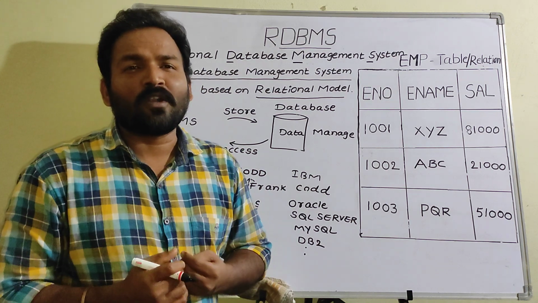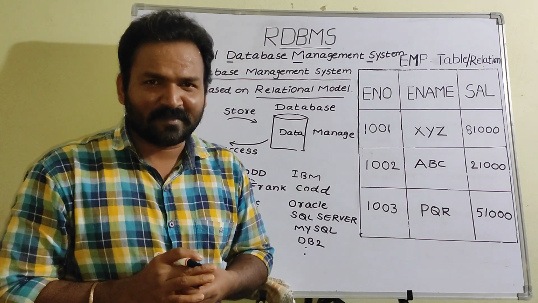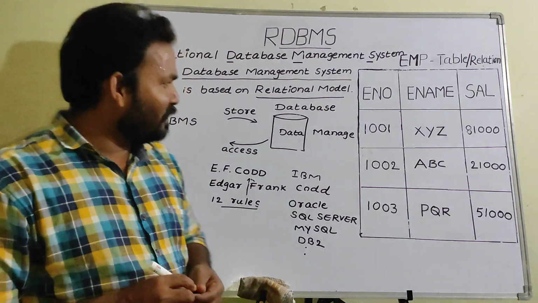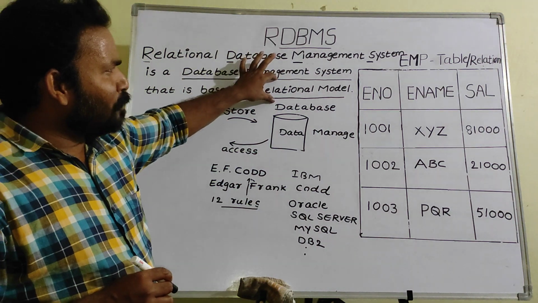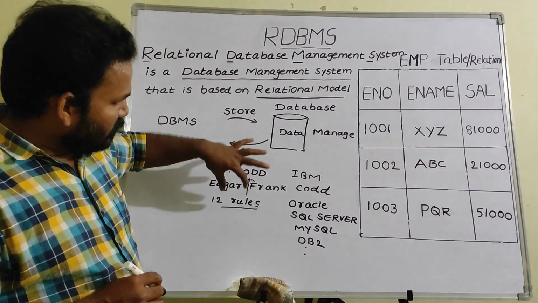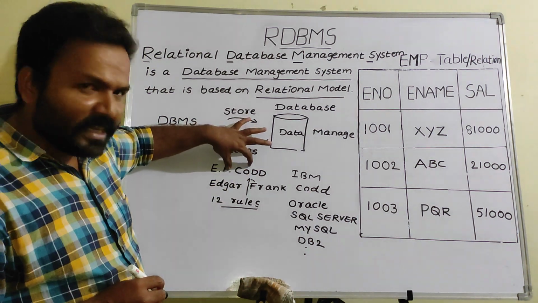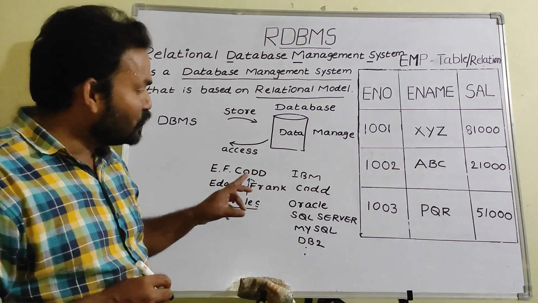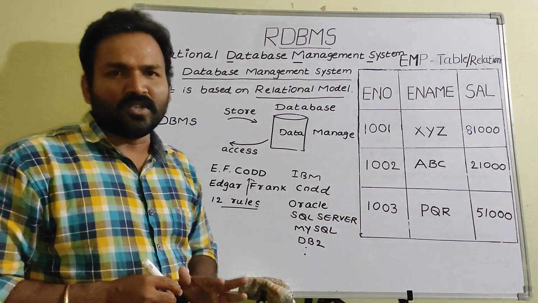So all these are relational databases, right? So here the relational model was introduced by E.F. Codd. 12 rules are introduced by E.F. Codd so that all the relational databases should follow these rules.